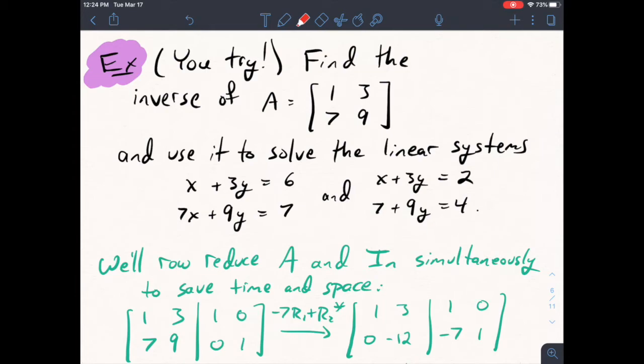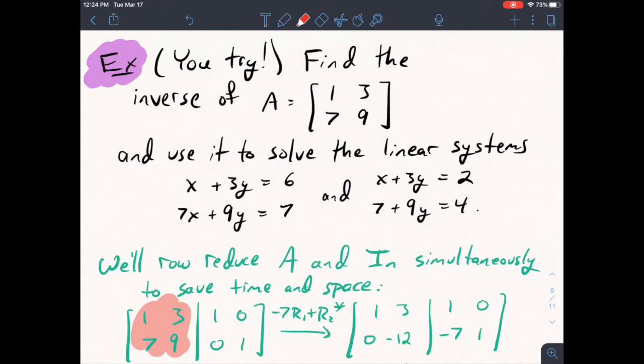So instead of writing the same row operations twice, I'm going to write them once and put A and the identity matrix side by side in one really big matrix, and then row reduce that.